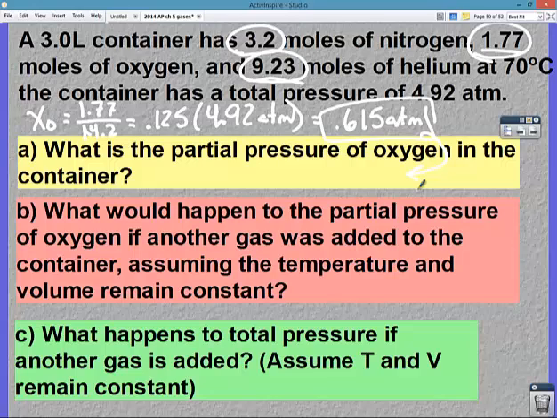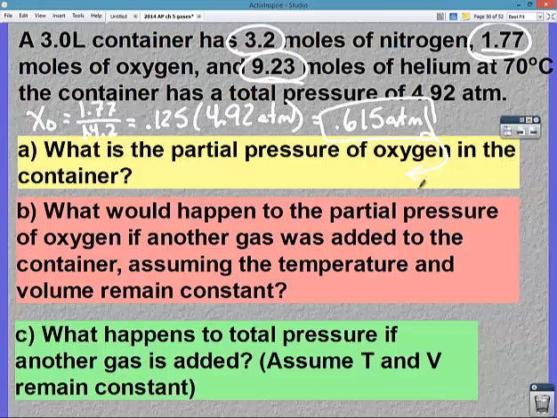B says, what would happen to the partial pressure of oxygen if another gas was added to the container? The partial pressure should remain constant because our mole fraction would increase and the total pressure would increase.